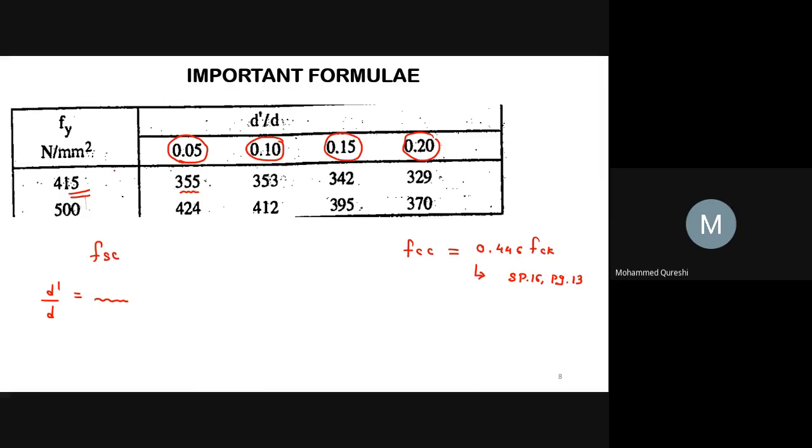So if we have Fe415 and d dash by d ratio 0.10, then the value of Fsc will be equals to 353 Newton per mm square. This table is given in SP 16, page number 13, table number F. So you can calculate the value of Fsc by this table using SP 16, page 13 and table number F. You have to just find the value of d dash by d and then you may easily achieve the value of Fsc.